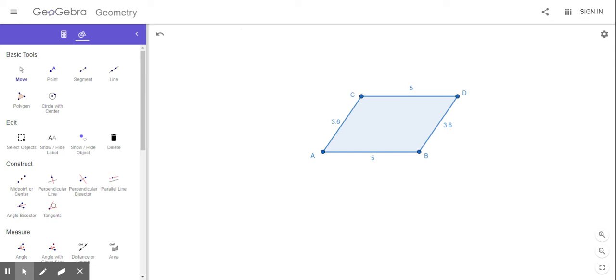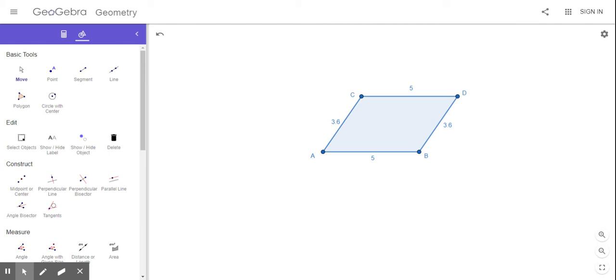Those are the actual measurements of what I constructed. I think they're in centimeters, or it doesn't really matter. But look at the opposite sides. So look at the sides that are across from each other. Do you notice they're the same? That's not a coincidence. That's supposed to happen.